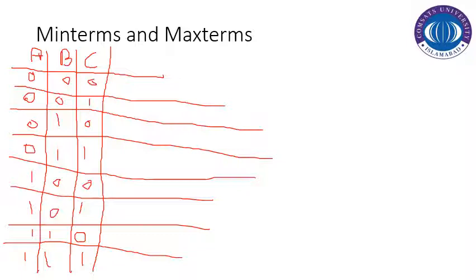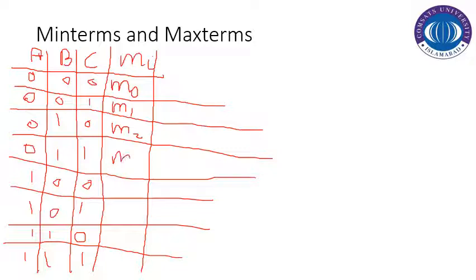Now, how are the minterms represented? They are represented with small m subscript i, and we're going to generate those minterms for each input combination. So the first minterm is known to be m0. This is m1. This is m2.